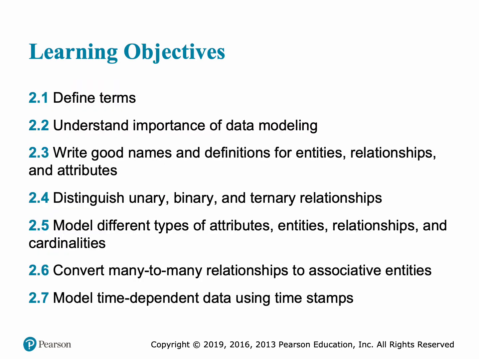So the learning objectives: define terms such as database management systems or DBMS, transaction processing monitor or TP monitor, OLAP, OLTP, and all that comes under the lecture. Understand the importance of data modeling, write good names and definitions for entities, relationships, and attributes.